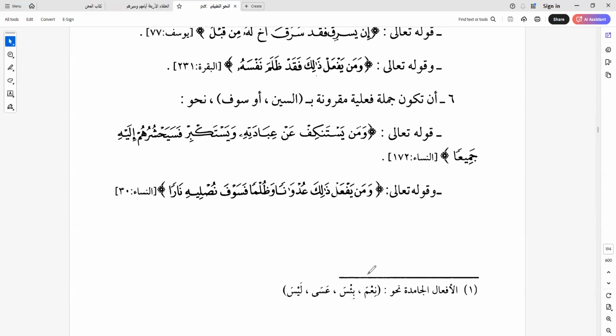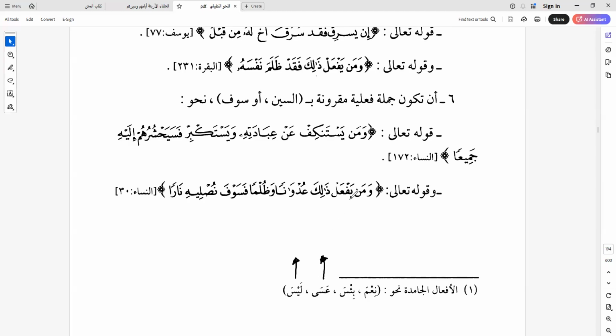We have ni'ma, bi'sa, asa, laysa. See, these verbs, they don't conjugate. They are just like that. We call them fi'l jamid. Asa, laysa. Remember, laysa and asa, they also belong to a particular family, right?